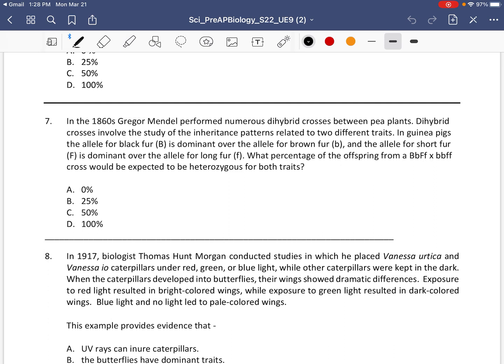What percentage of the offspring from a cross would be expected to be heterozygous for both traits? A, 0%, B, 25%, C, 50%, D, 100%.